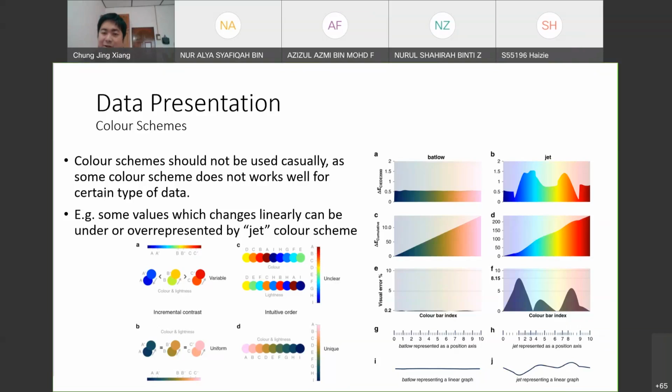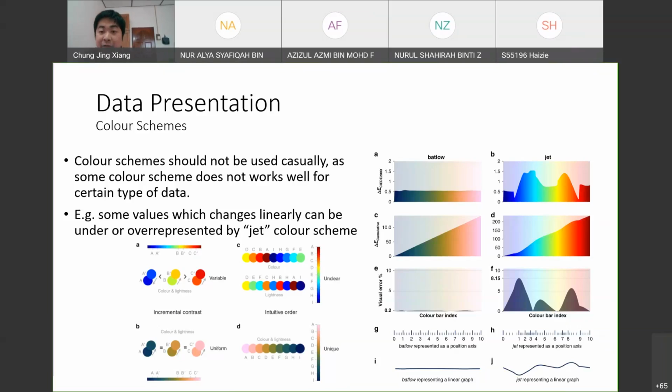Some get stronger, some get weaker. So if you try to plot your linear numbers with this type of color scheme, you will get a very wrong impression. Just like the old lady's face, where the skin tone changes linearly.